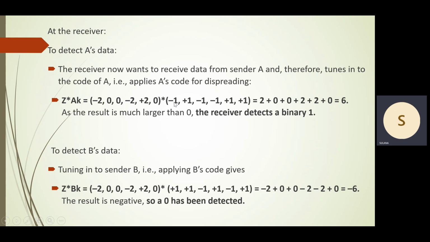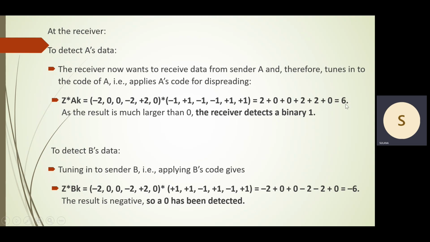So -2 into -1 is +2. 0 into +1 is 0. 0 into -1 is 0. -2 into -1 is +2. +2 into +1 is +2. 0 into +1 is 0. Add these values, it gives us a 6.